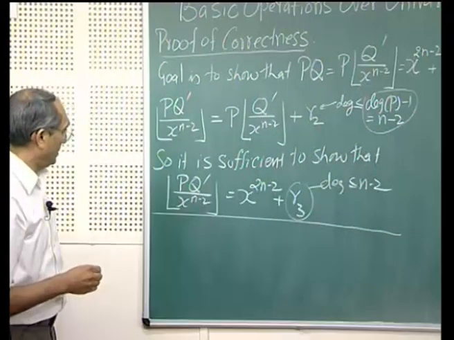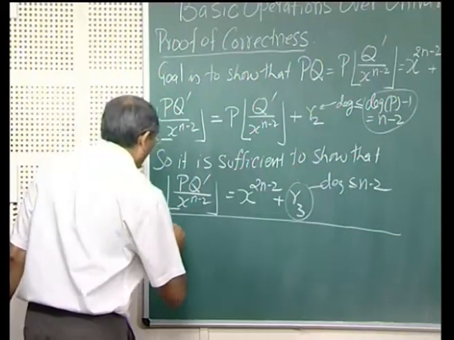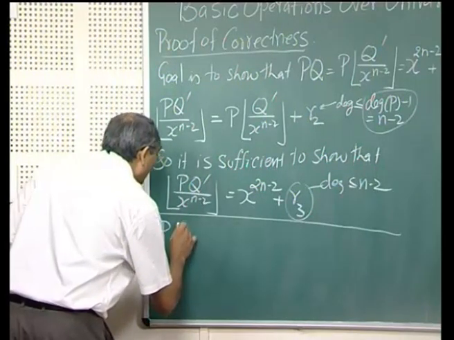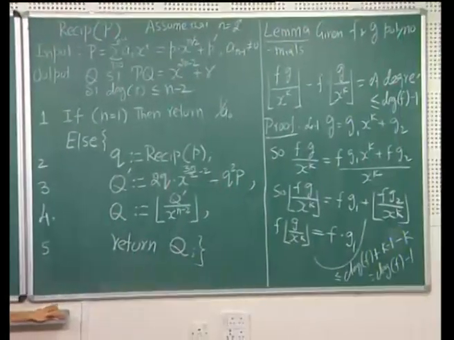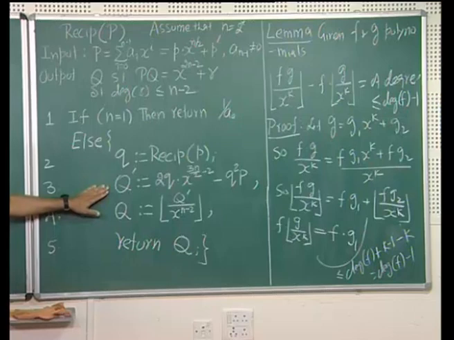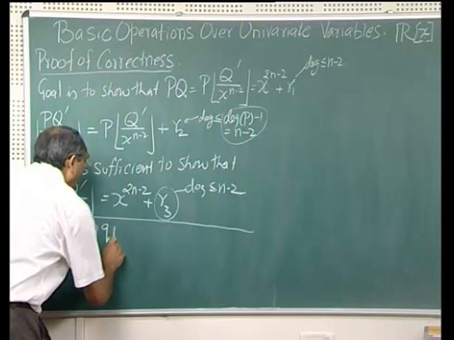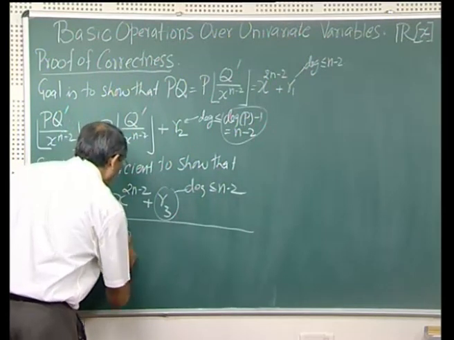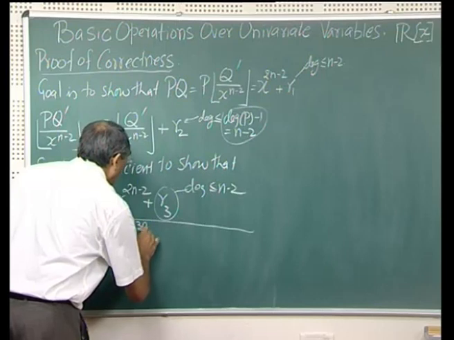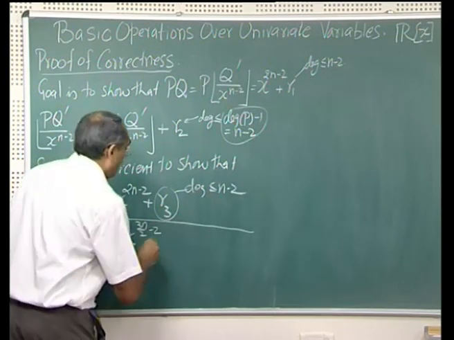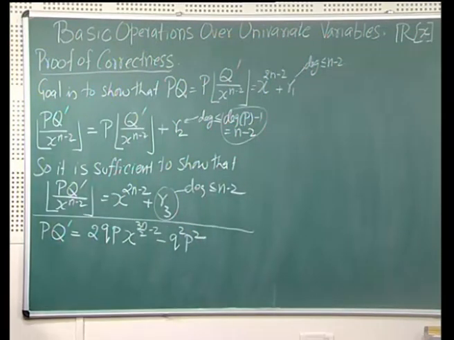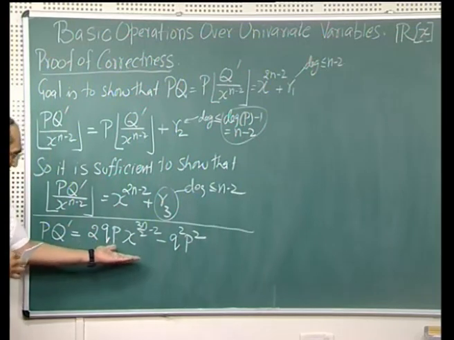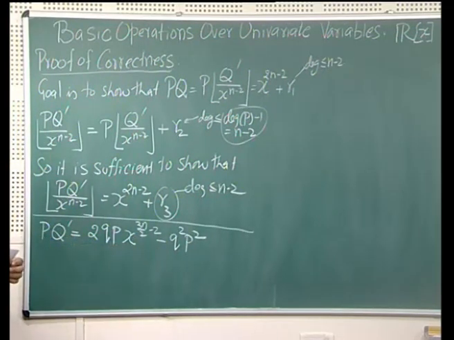We know the value of q'. So, P times q', from the value of q', it becomes 2 QP x to the power 3n by 2 minus 2 minus q square p square. This looks like an expression for which we can do a whole square.